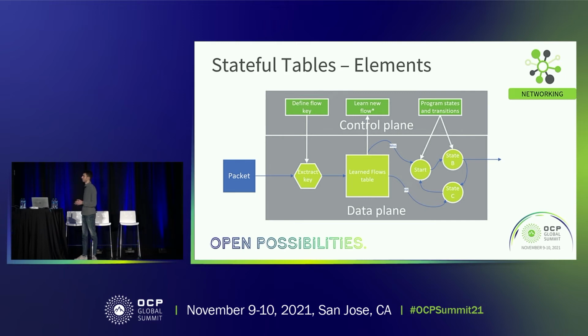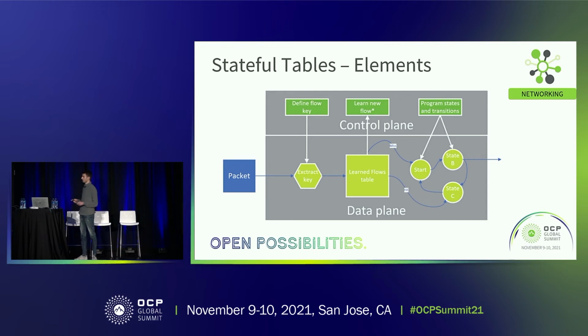So the responsibility of the control plane would be to basically load some, let's say, executable code that will be executed upon every packet event coming for that flow. So the table may or may not learn every new flow.